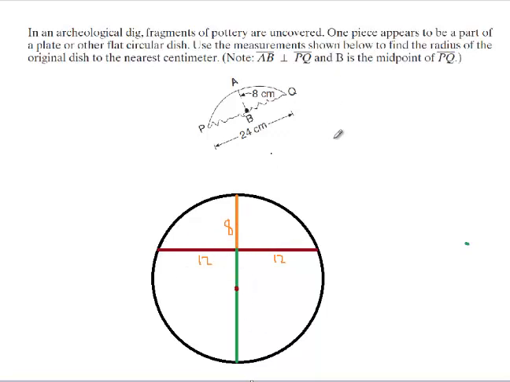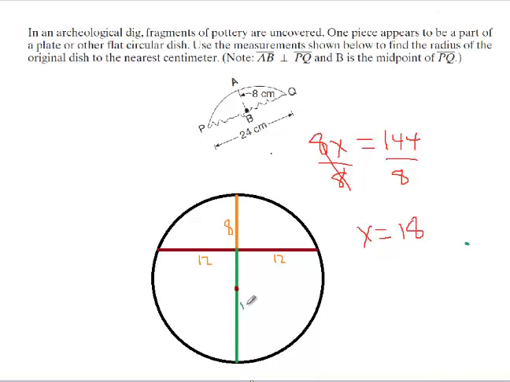So we're going to say 8 times the green line, which we don't know, so we'll call it x, equals 12 times 12, which is 144. Divide each side by 8, and you get x equals 18. So the green line over here, together, has to be 18.